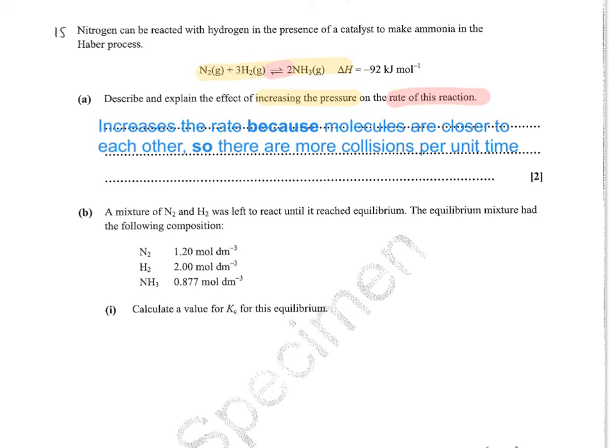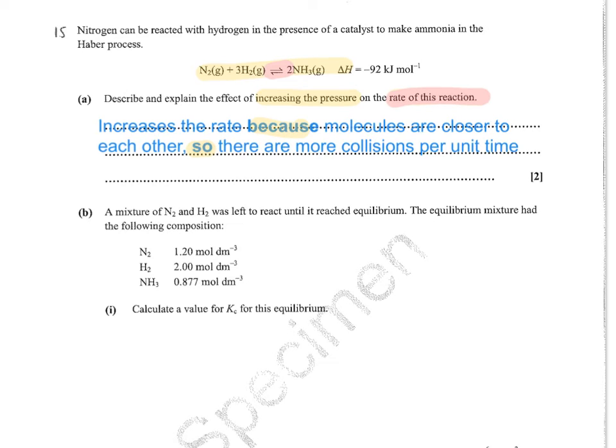If you look at the way that I've put connectives in the sentence: increasing the rate, the reason why is because molecules are closer to each other, so the consequence is that there are more collisions per unit time. You need to be thinking about your language so that what you're saying is a statement, followed by a reason, given by a consequence.